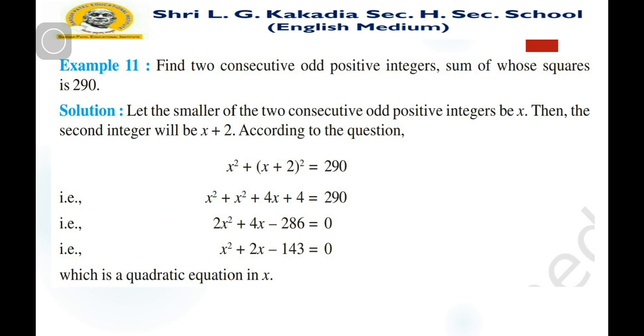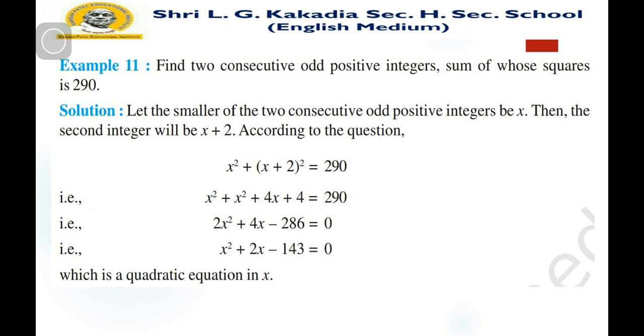So we have to assume two consecutive positive integers. How can we find consecutive odd positive integers? For example, let 3 be an odd number. The next odd number after 3 is 5.